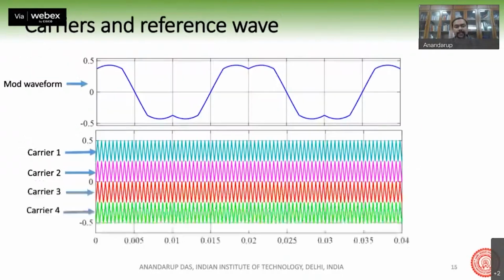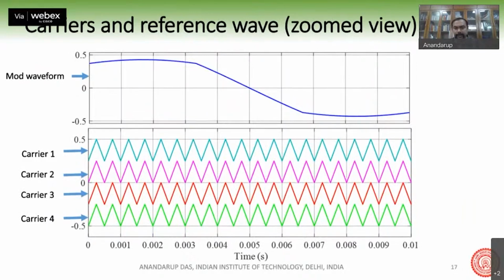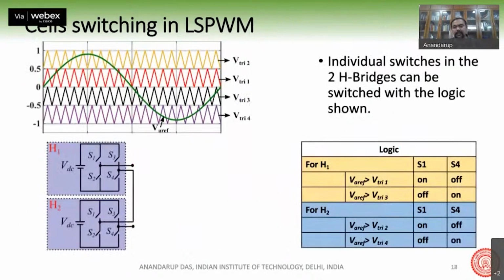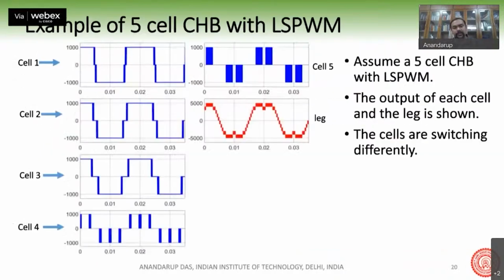Okay, but here there are a number of levels in the carrier. So you have carrier 1, 2, 3, 4. They are vertically shifted from one another. And then when you compare the sine and the carrier with the logic shown on the slide, you actually get the waveforms shown here: cell 1, cell 2, cell 3, cell 4.